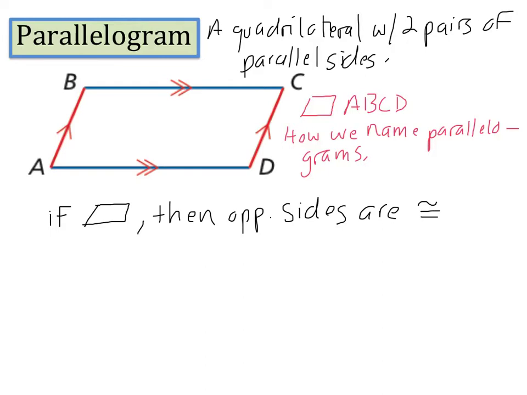So in this picture here, side AB is congruent to side CD, and line segment BC is congruent to line segment AD.